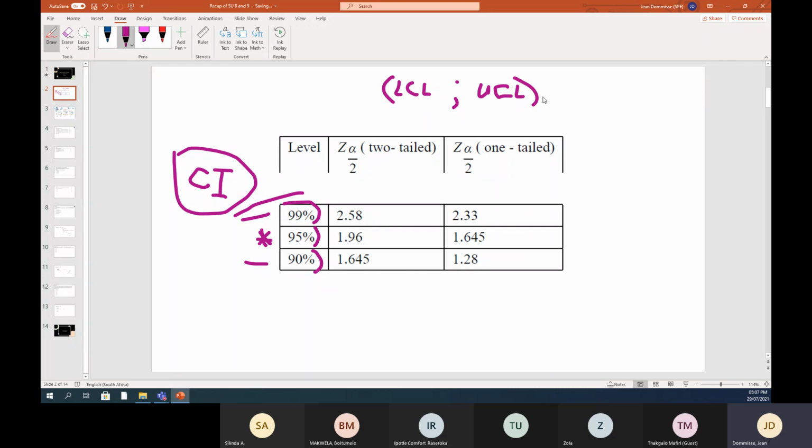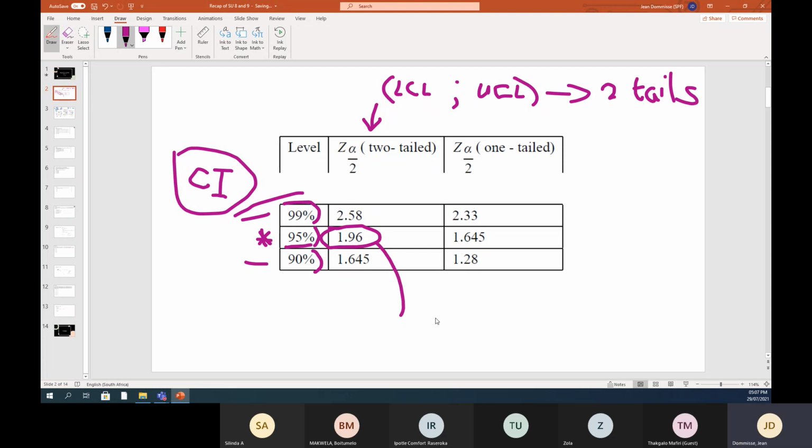So if there's a lower and an upper, we're always working with two tails. So when we have the two tails for confidence interval, you will always work with these numbers. So that's why in the previous session, if I see confidence interval with 95%, I automatically go to 1.96.